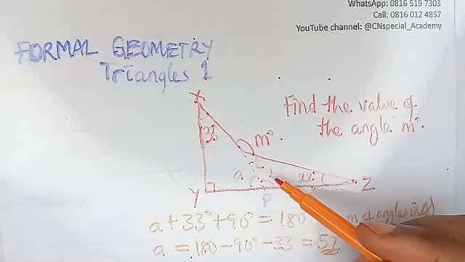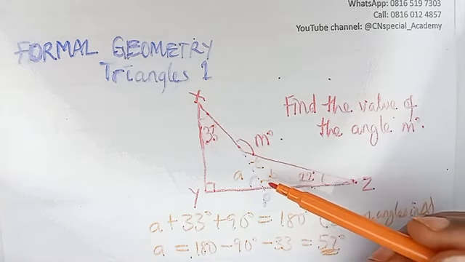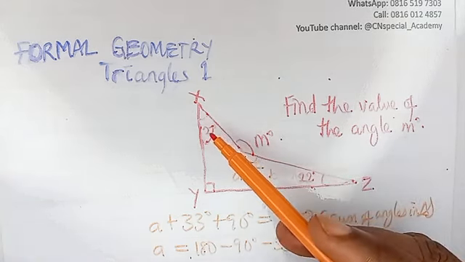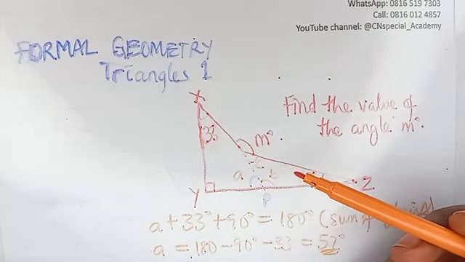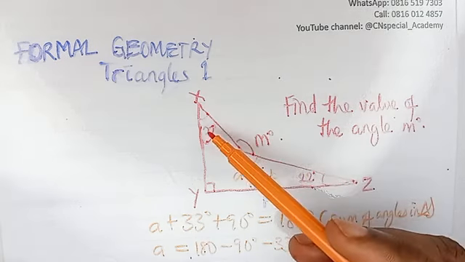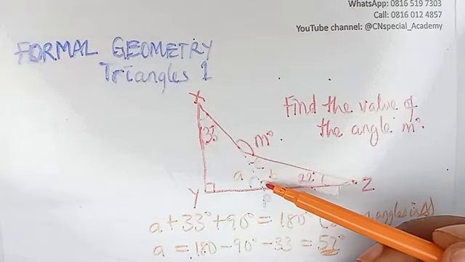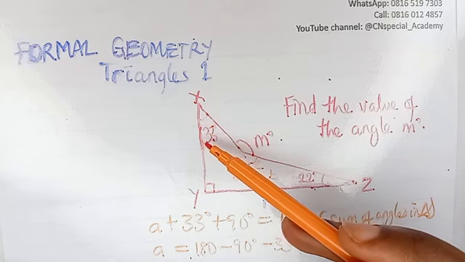Okay, so we have angle B, and we have that angle B is also equal to 33 plus 90. We could have gone straight ahead to do that. That angle B is equal to 33 plus 90, and our reason for making this statement is it is the exterior angle of this triangle.